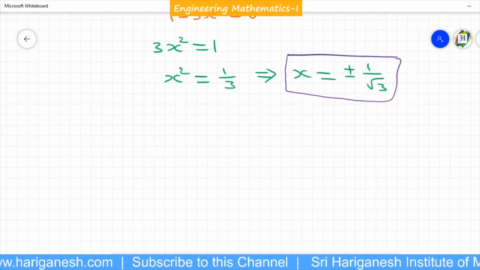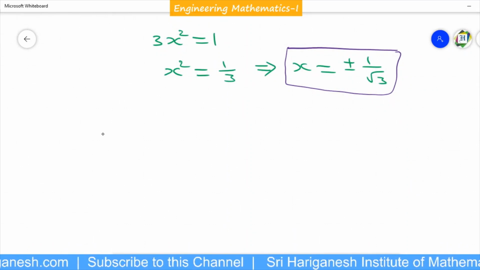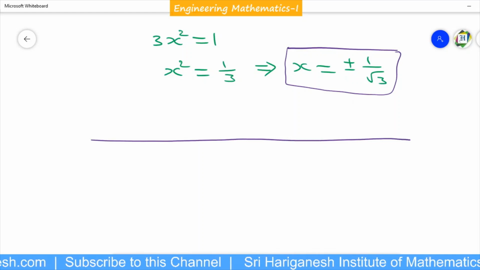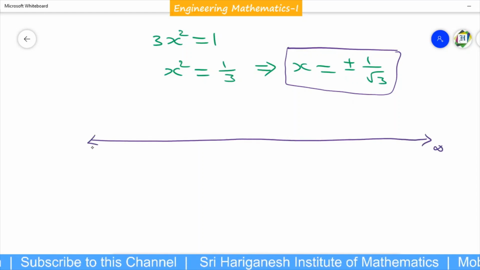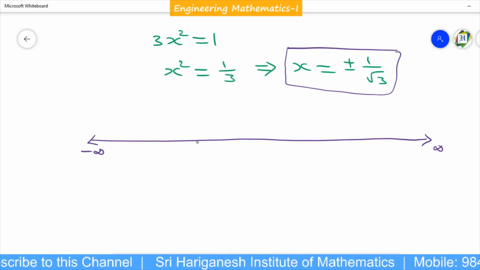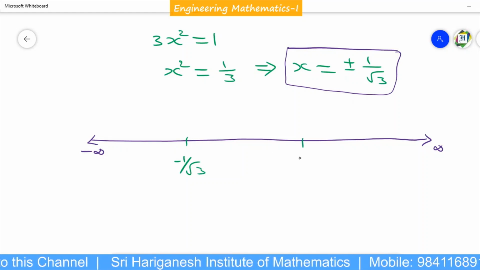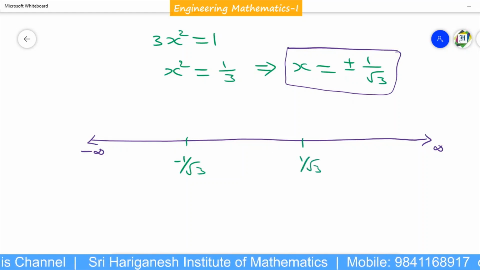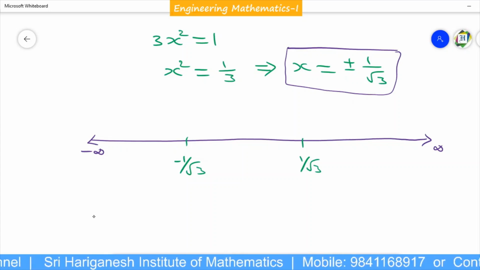Since I have two values for x, I want to form the intervals. Take minus infinity to plus infinity. I am having two values for x. One is minus 1 by root 3, another one is plus 1 by root 3. So from this I can form three intervals.